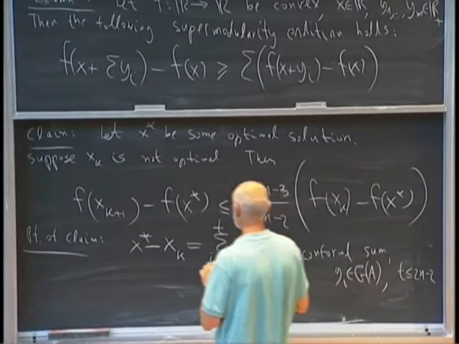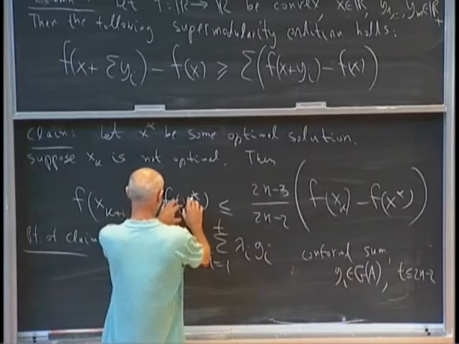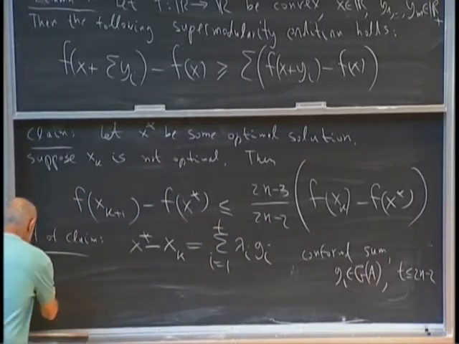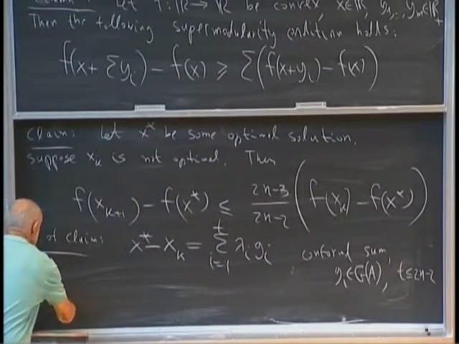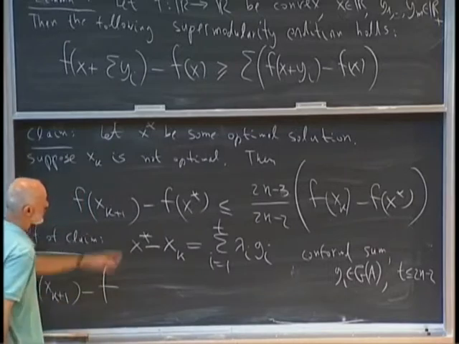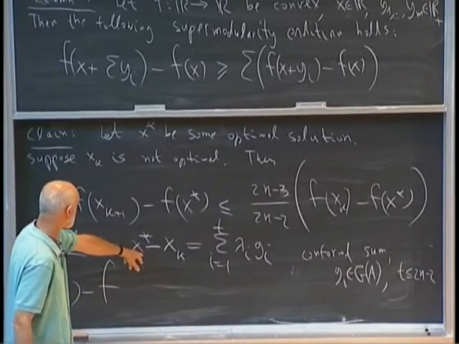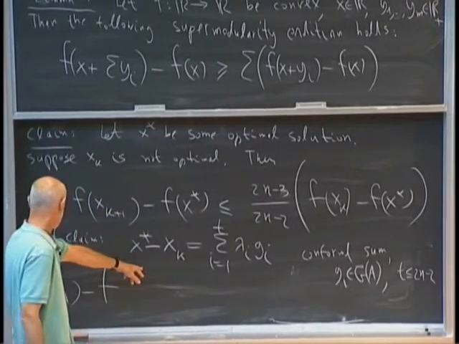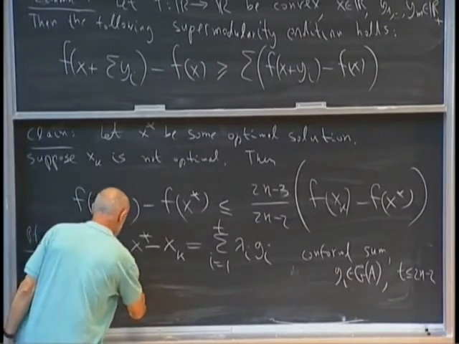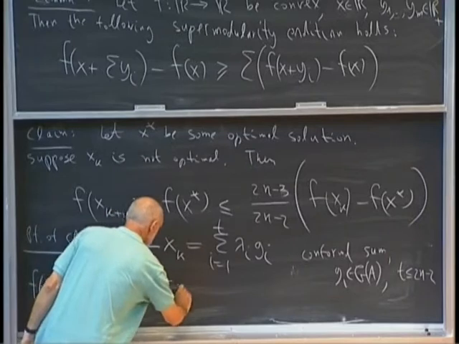We plug this sum into here, and we get that f(x_{k+1}) minus f, instead of x star, I'm going to now put x_k plus sigma lambda_i g_i.